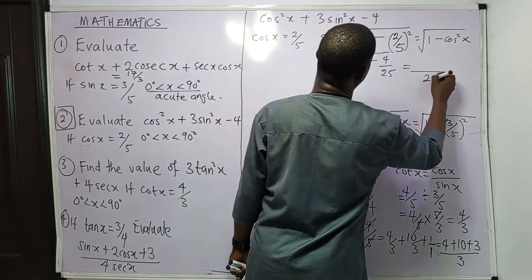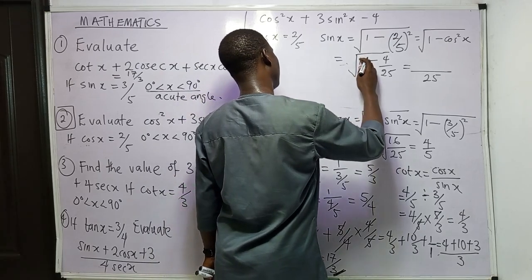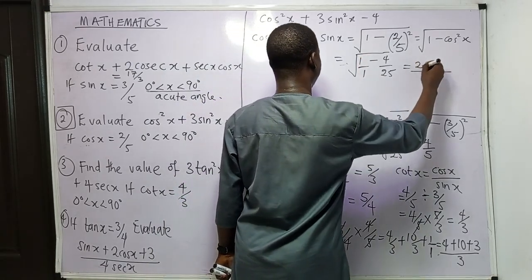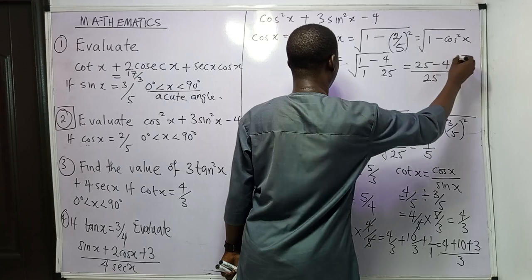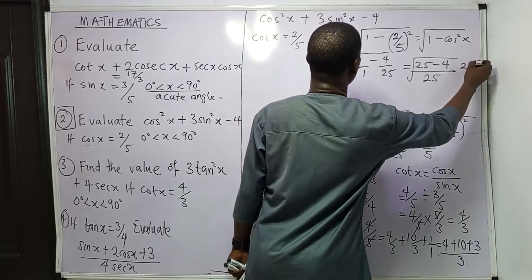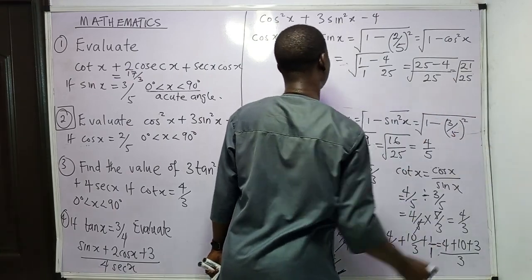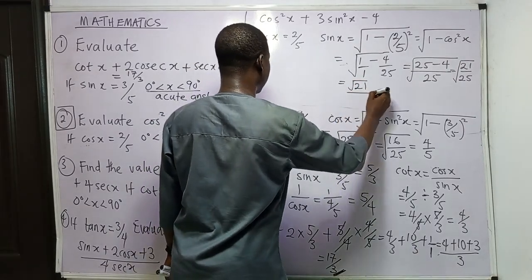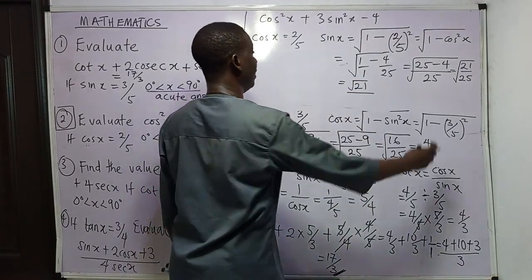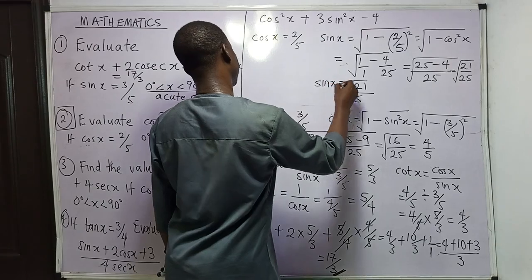I think it will be 25. 25 divided by 1 is 25, times 1 is 25, minus 25 divided by 25 is 1 times 4 is 4. So I would have square root of 21/25. And that will give us square root of 21. 21 is not a perfect square, while square root of 25 is 5. So that is sine x.